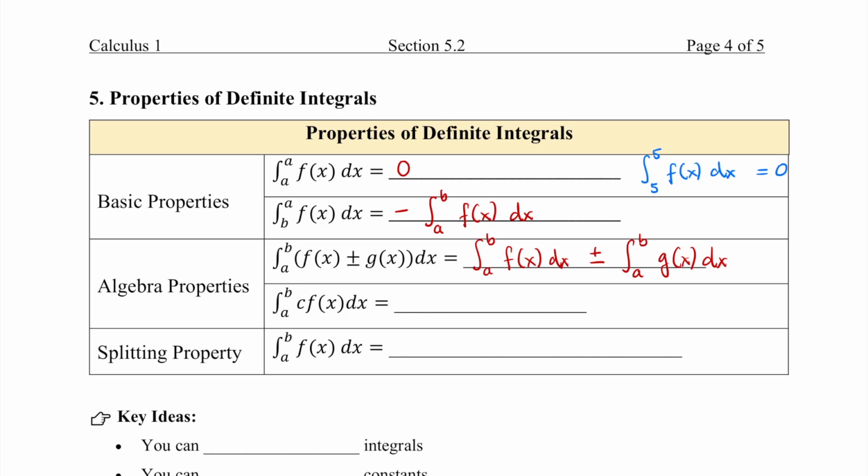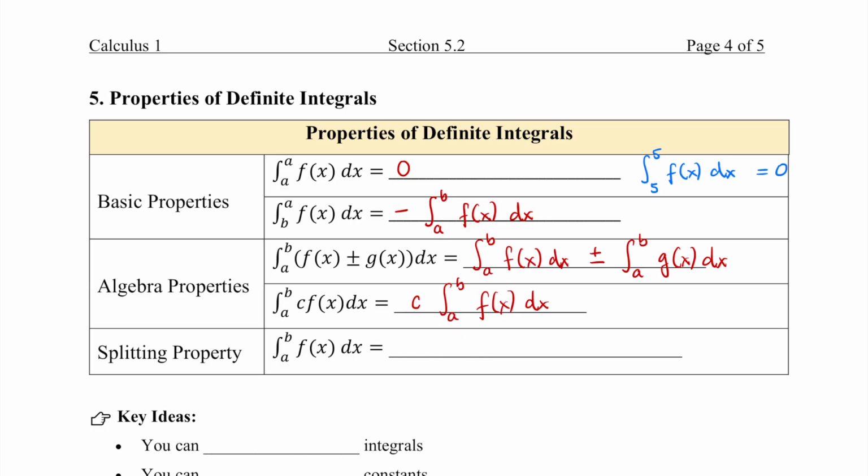Next, if we have a constant multiplied by a function, we can pull the constant out of the integral. So we have c times the definite integral from a to b of f of x dx.